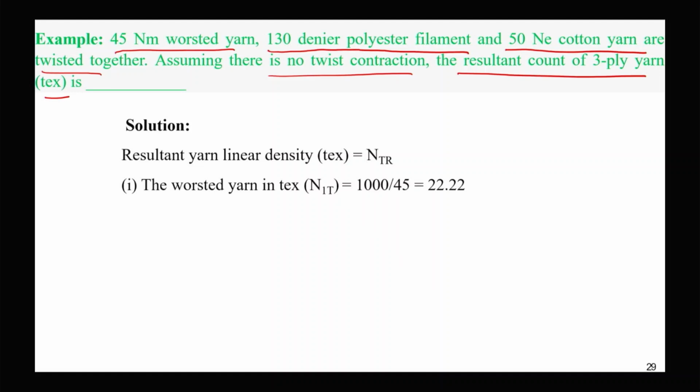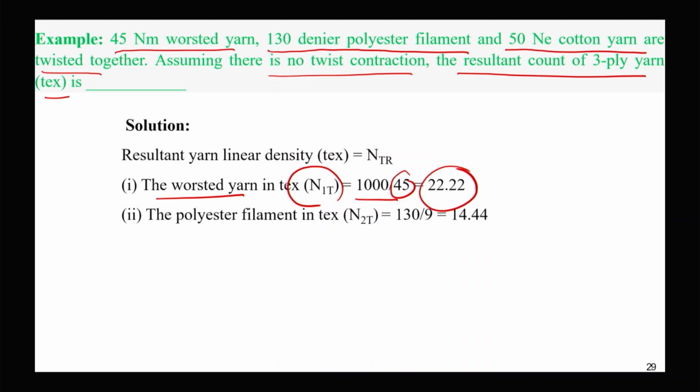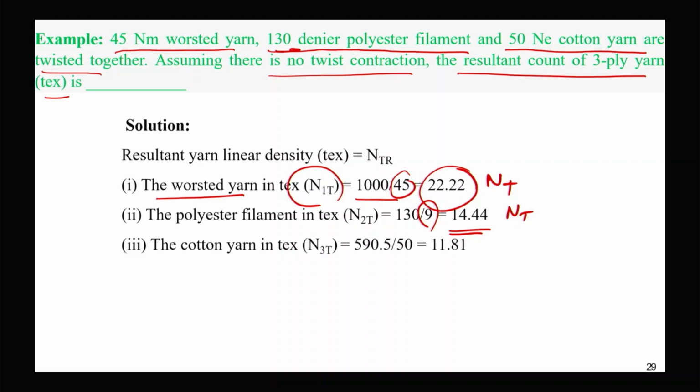So worsted yarn. To convert it to tex, first component worsted, so 1000 divided by 45 worsted value, it is 22.22. Then polyester, it's 130 denier. So denier to tex, the factor is 9, so 14.44, this is tex, and cotton 590.5 by 50, 11.81 tex.